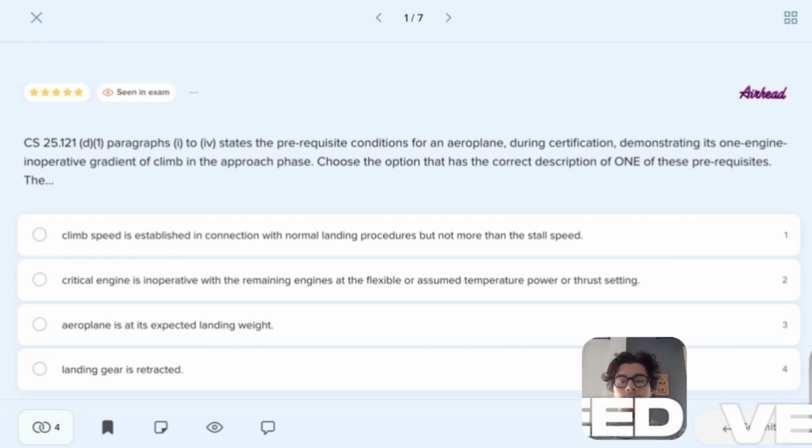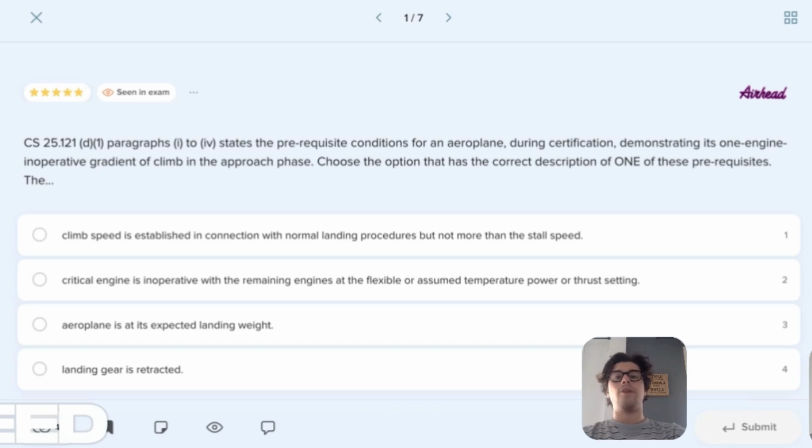Essentially, for all the questions that are asking us about prerequisites to determine certain speeds, climb gradients, or anything that has to do with demonstrating the aircraft's capabilities during the certification process, you always have to think about the most undesirable situations, meaning maximum landing mass, meaning unfavorable CG, meaning the drag devices such as the gear being deployed.